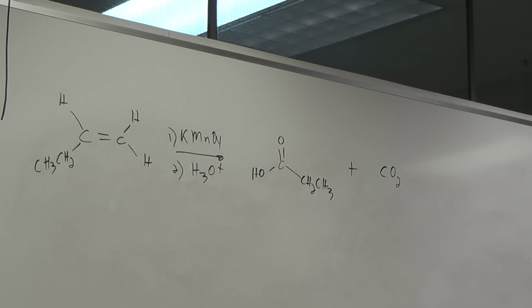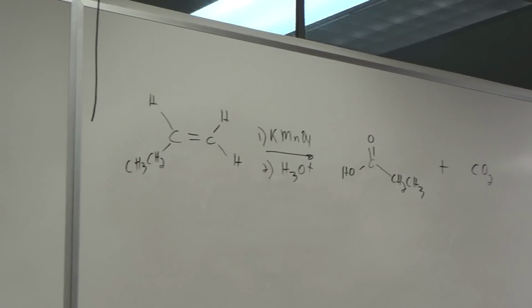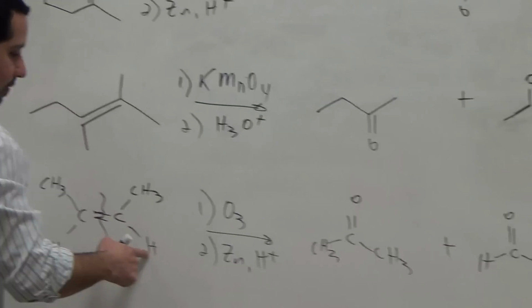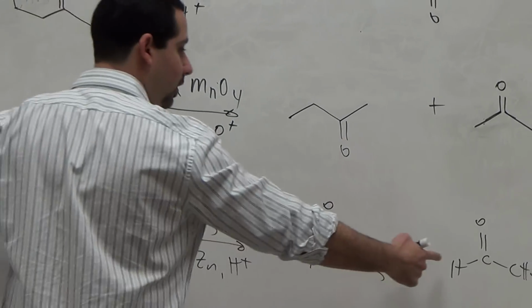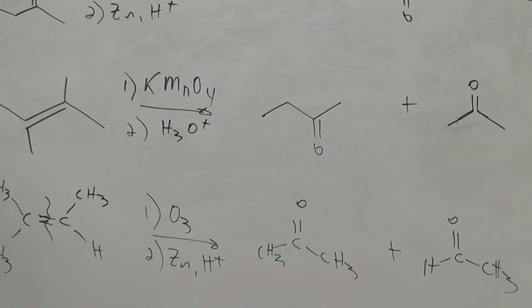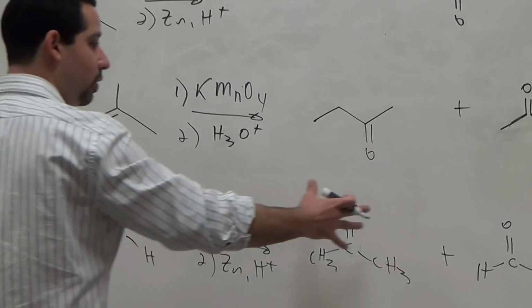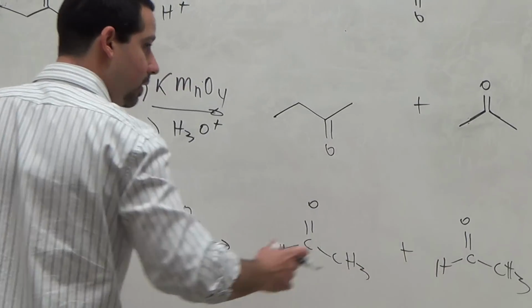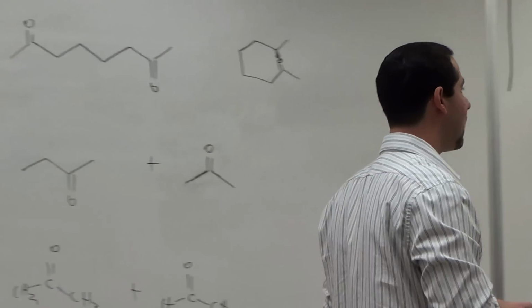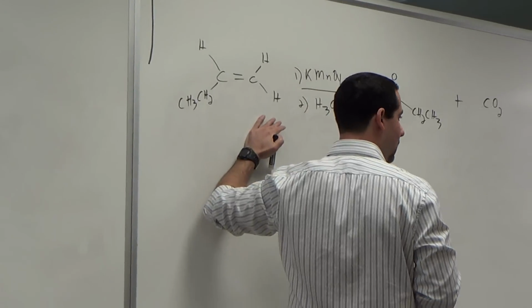Okay, if you're doing ozonolysis, and here's a double bond that is cleaved, yes? This double bond breaks here. If that carbon has a hydrogen, the hydrogen will stay in the product, and you just put a carbonyl there. So if you have a hydrogen, you are going to get an aldehyde for ozonolysis. When you are doing it with potassium permanganate, it's not the same thing.